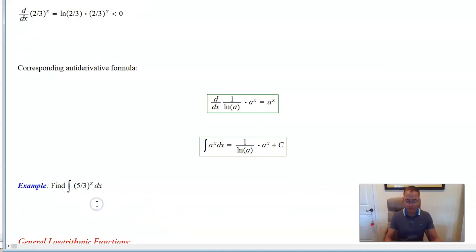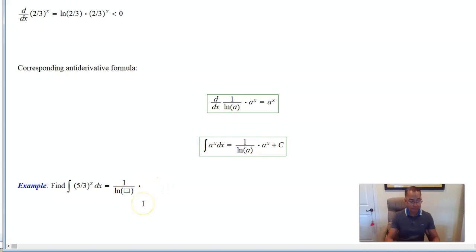Okay, so now what is an antiderivative for 5/3 to the x? According to our formula, you just get 5/3 to the x, but you divide by ln of 5/3. So we will copy this.